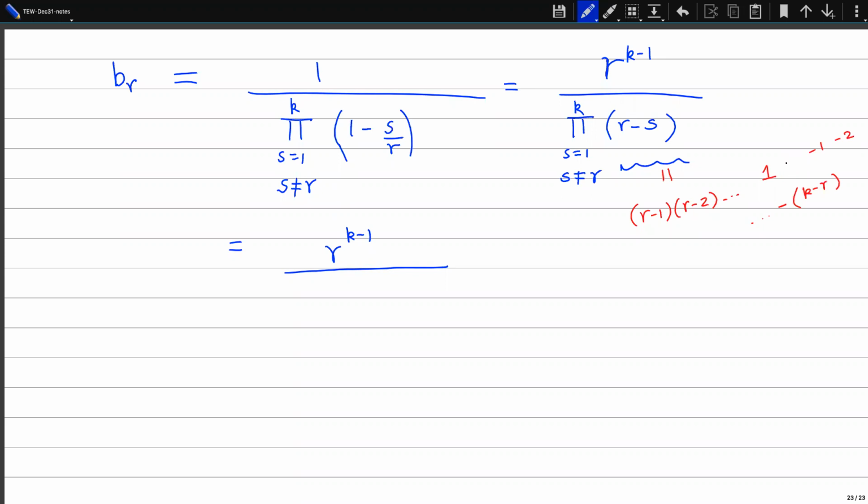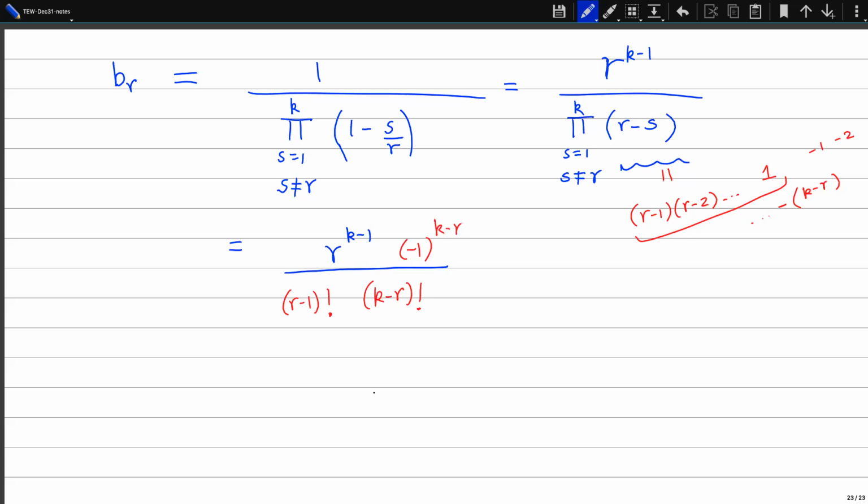So let's look at what this works out to be. The positive numbers form r minus 1 factorial. The negative numbers form k minus r factorial, except there's a minus sign also, so I'll put that in the numerator. What's the minus sign? Minus 1 power k minus r. Okay, so that's my expression.